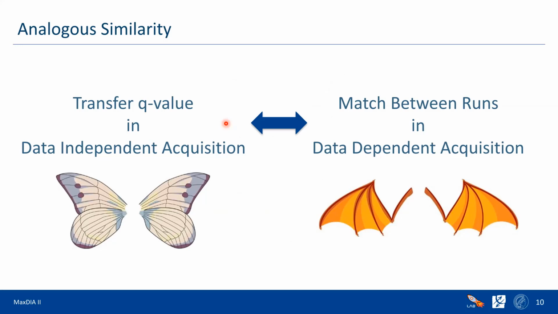We're basically doing the same, we're allowed to fly, but the origin of these tools is pretty much different. And this is exactly what's happening with transfer Q-value and match between runs. We are fighting against missing values, yes, but in a nutshell, we're different. I was really trying to find something about potatoes as an analogy, but unfortunately it didn't work out.